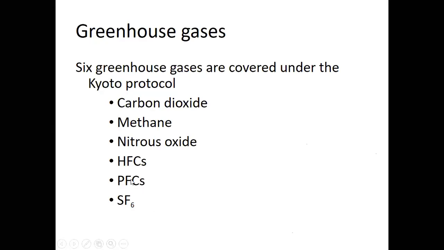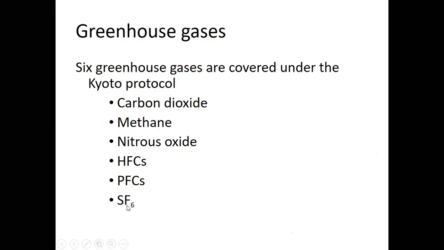Okay, so these are some of the greenhouse gases emitted from the industries. According to the Kyoto Protocol, 6 greenhouse gases are covered under the Kyoto Protocol. They are carbon dioxide, methane, nitrous oxide, hydrofluorocarbon, perfluorocarbon, and sulfur hexafluoride.